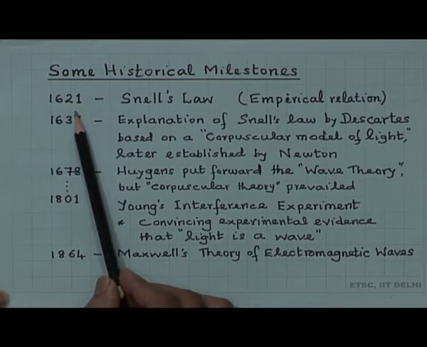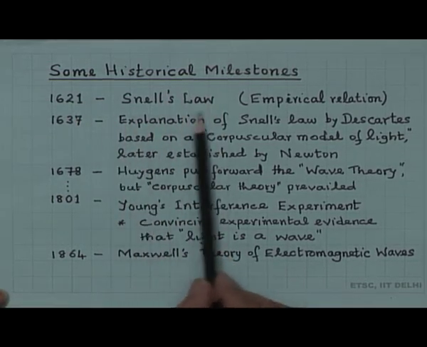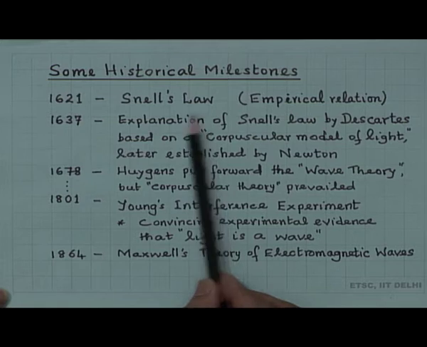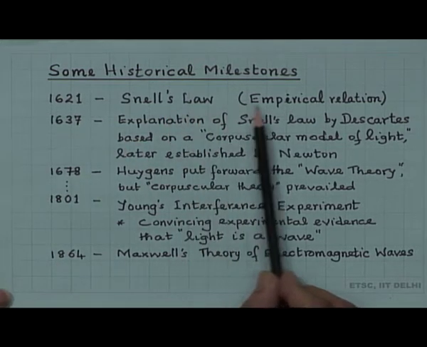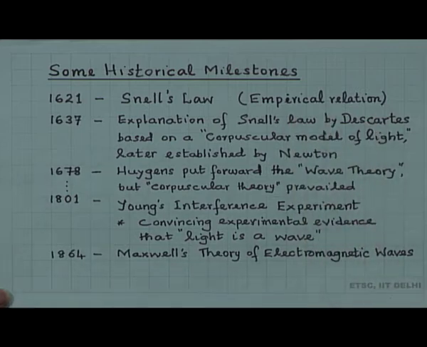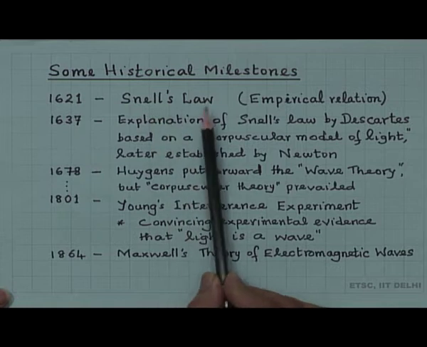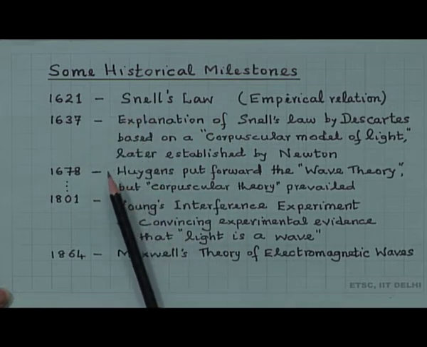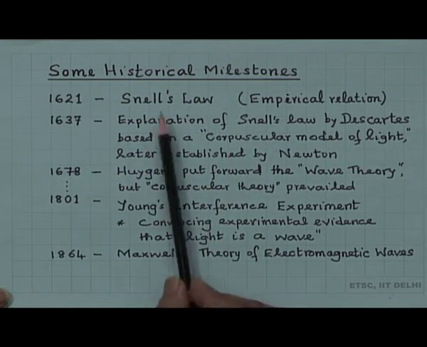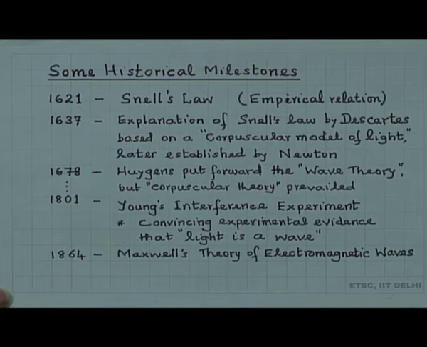In 1621, Snell gave Snell's law of refraction, an empirical relation based on experimental observations. Snell came out with the relation sin i by sin r is equal to n2 by n1. This we have discussed in detail in the earlier lectures.